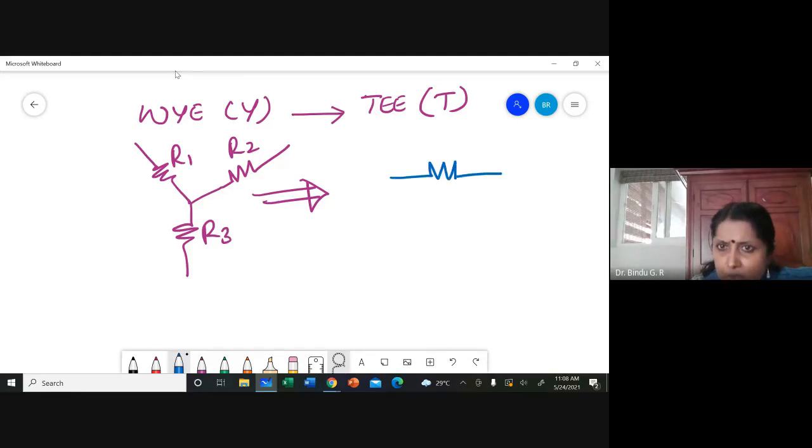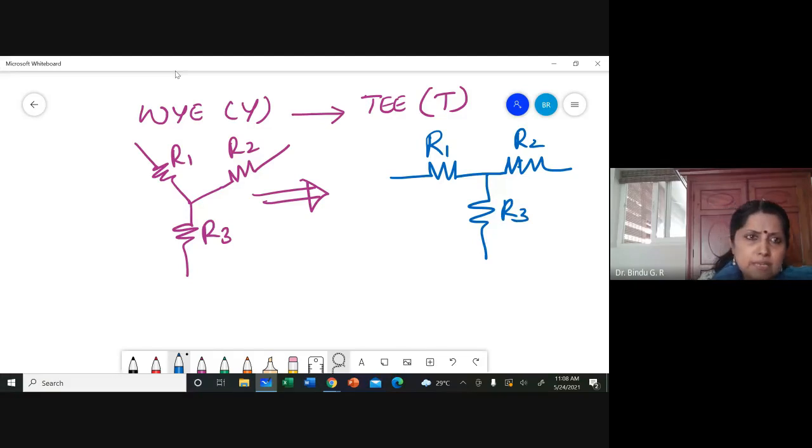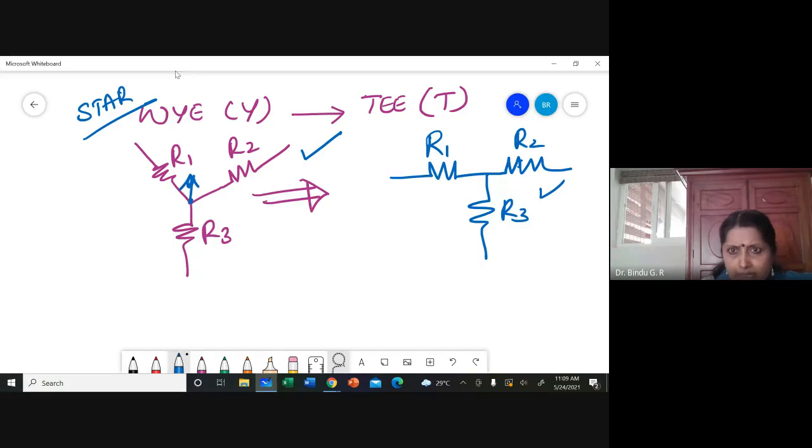This is also a star connection: R1, R2, R3. We name this a star connection, Y connection, or T connection. This is the same as the other because I just put this point in this form. This is the star point.